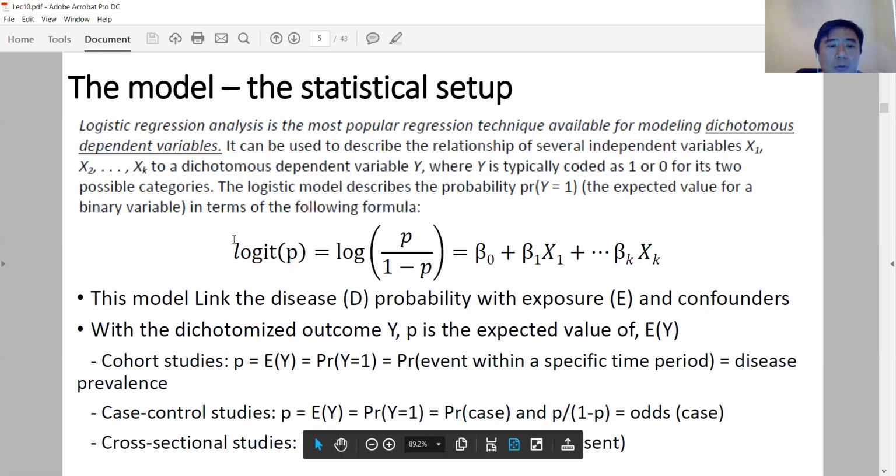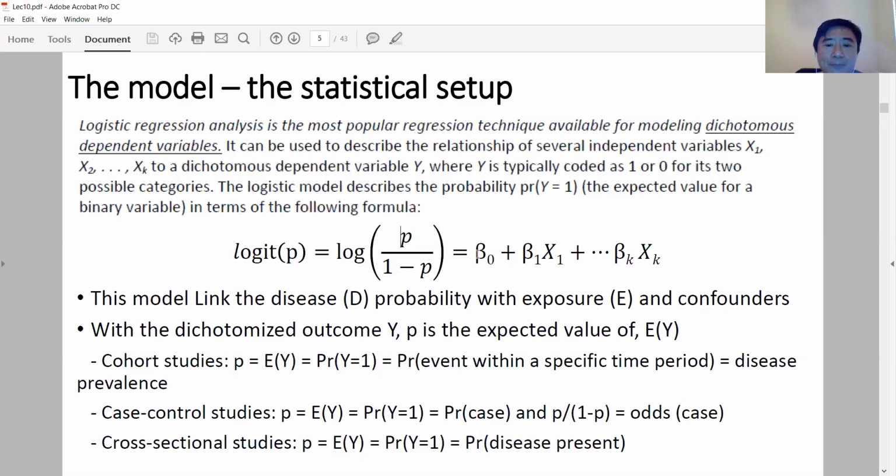Only if we do a transformation, put a function on the expectation of y, will you have a linear combination. That means you can use linear terms or the additive model, which means adding the effects together, to estimate the logit function of the expectation of y. And this logit function happens to be interpreted as the log of a function of your expectation of your y.